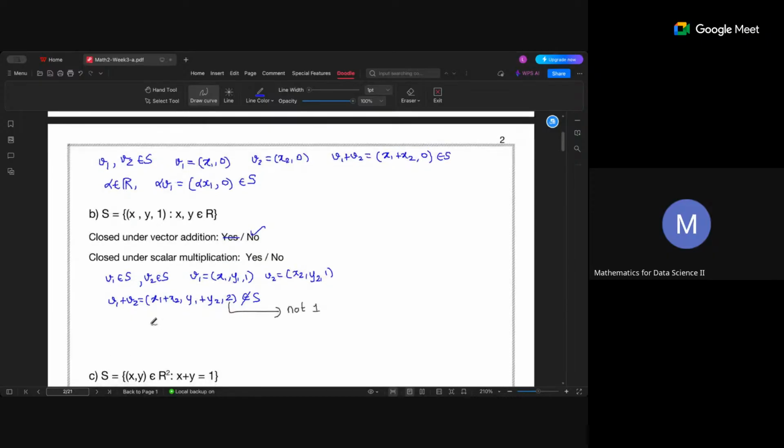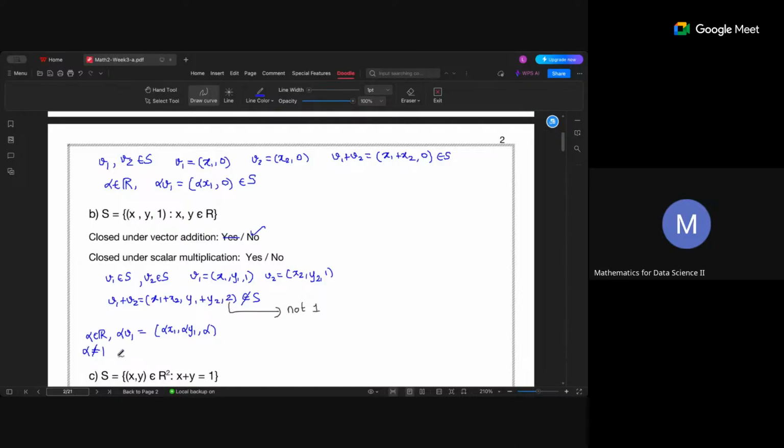Okay. So what about scalar multiplication? So we take a real number alpha. So the scalar multiplication will give you alpha x1, alpha y1 and alpha. So if this alpha is not equal to 1, we can take any random real number, and for all real numbers this should work, right?